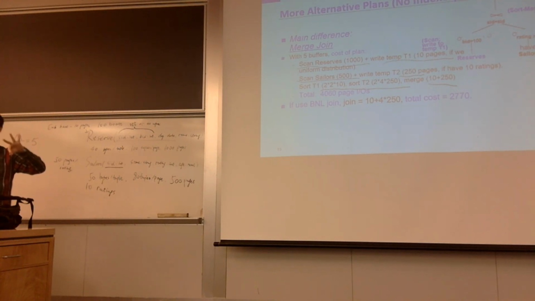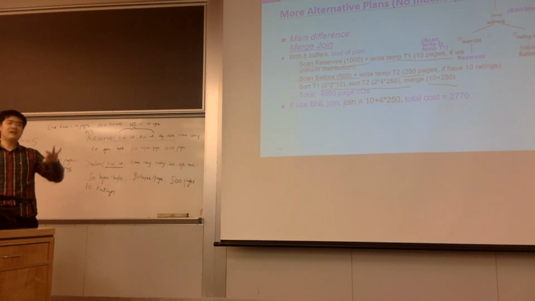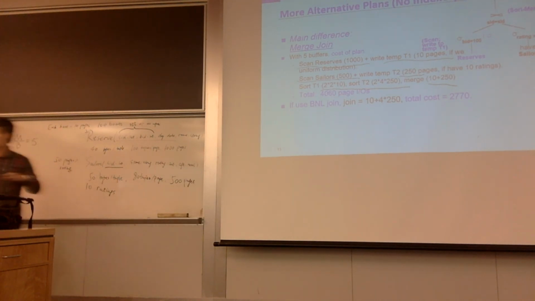Sorry, 3 pages. You need to leave at least 2 buffers for the other one. So if you're reading 3 pages of the outer relation at a time, and iterating through the inner relation for each of these 3 pages, how many passes do you have?